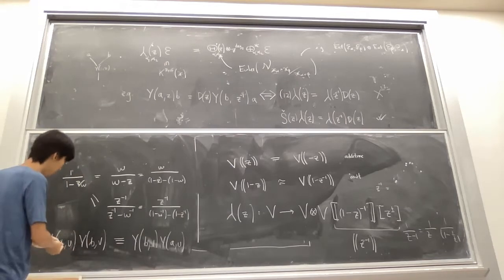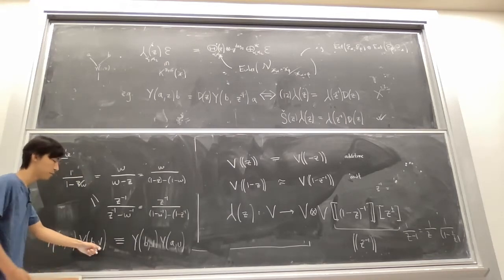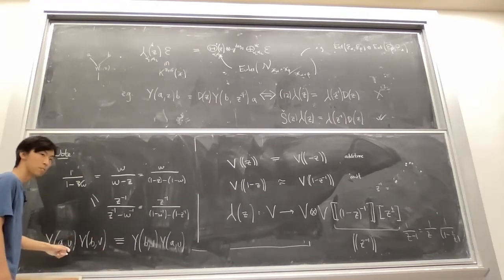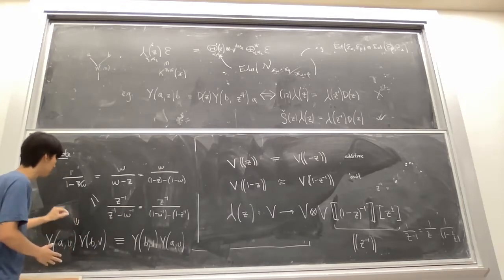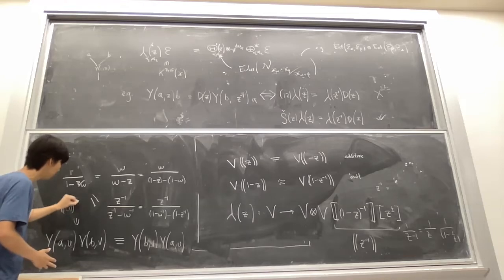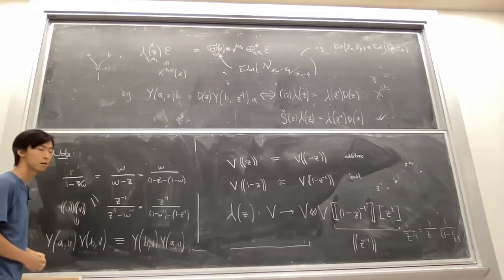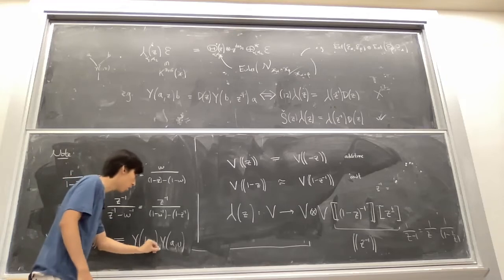But what does this mean? This is some meromorphic series in v. This is a meromorphic series in u. So the left-hand side is valued in series like this. The right-hand side is valued in the opposite thing.